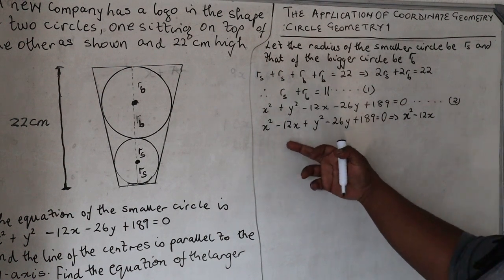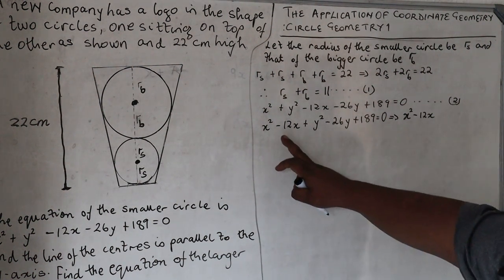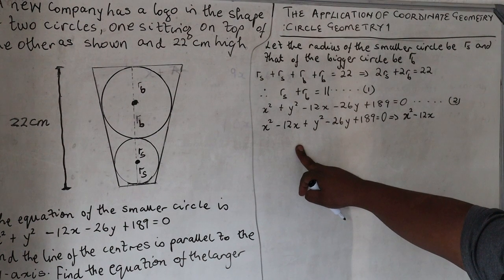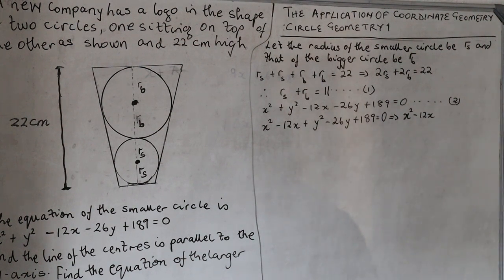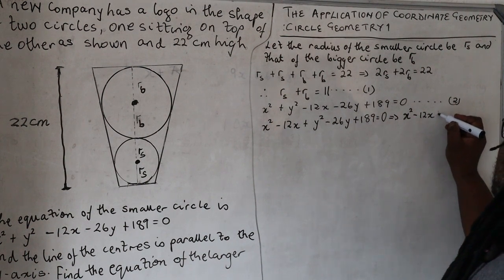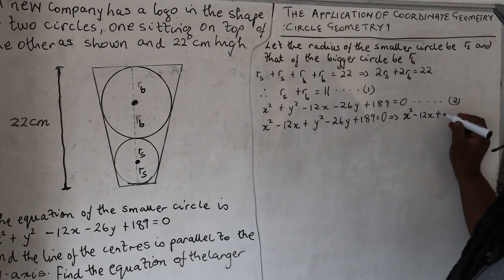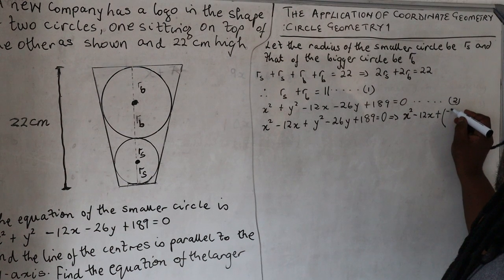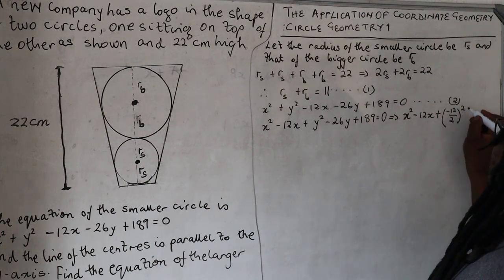In order to complete the square, we are going to divide the coefficient of x by 2 and square the result. So the coefficient of x is minus 12. So we can say plus here minus 12 over 2 squared.